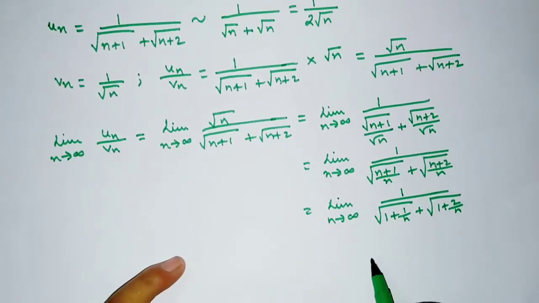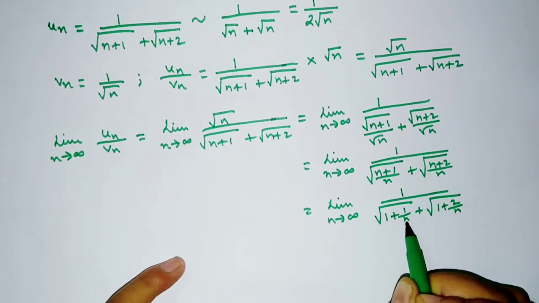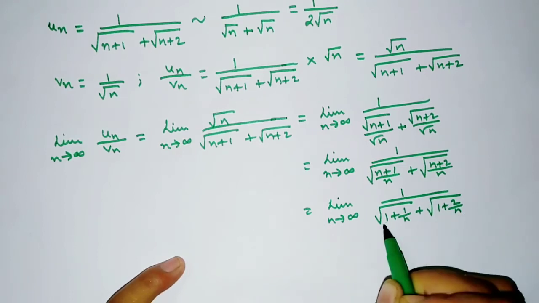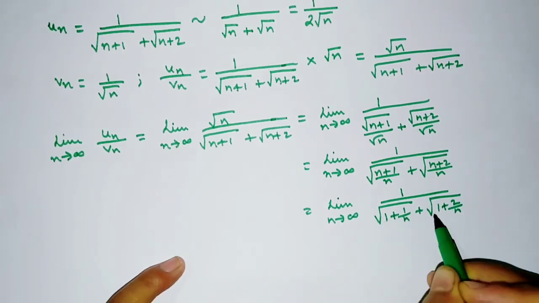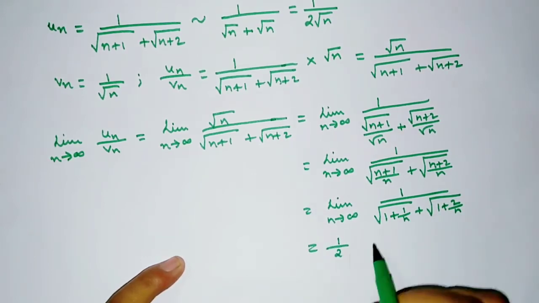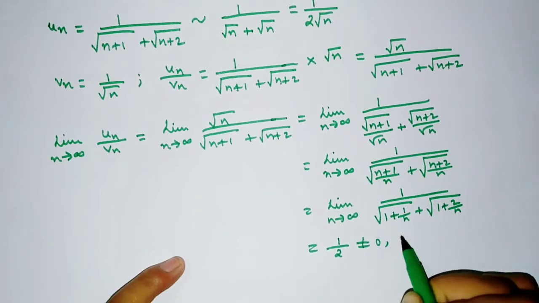Now as n tends to infinity, replace n by infinity: 1 upon infinity is 0, 2 upon infinity is 0, and the square root of 1 is 1, so 1 plus 1 is 2. The answer is half, which is not equal to 0, and this one is finite.